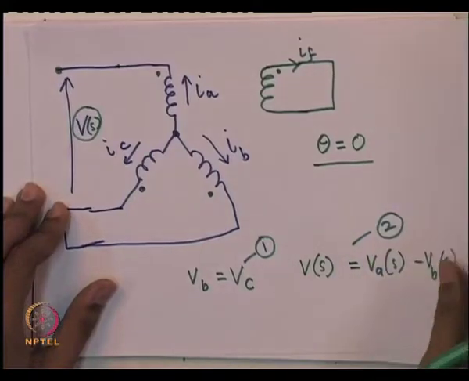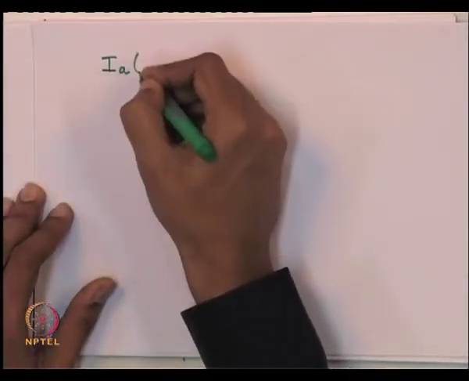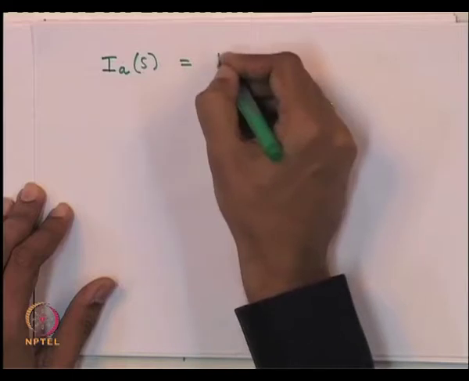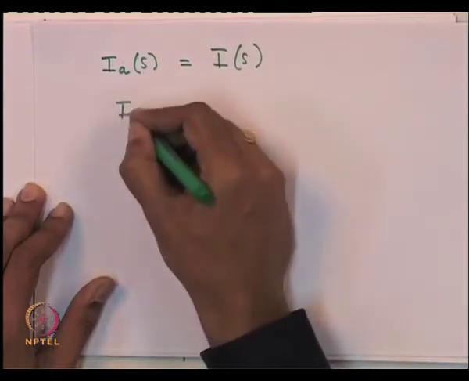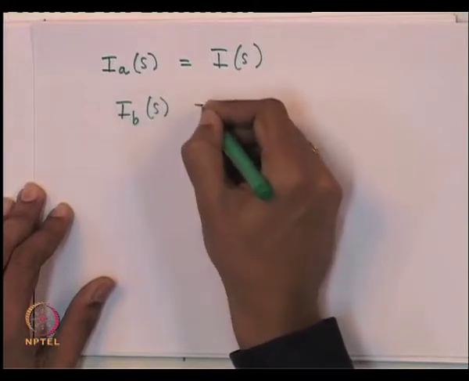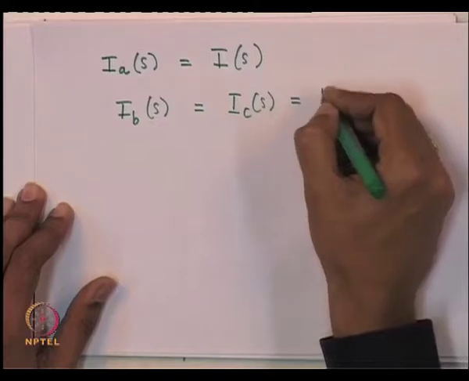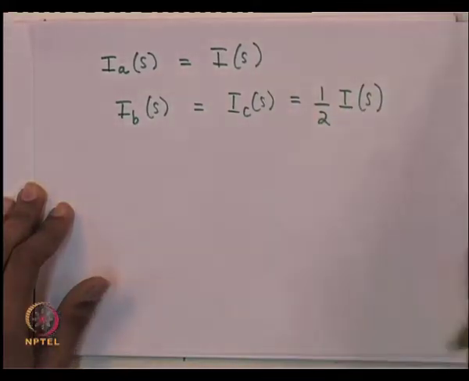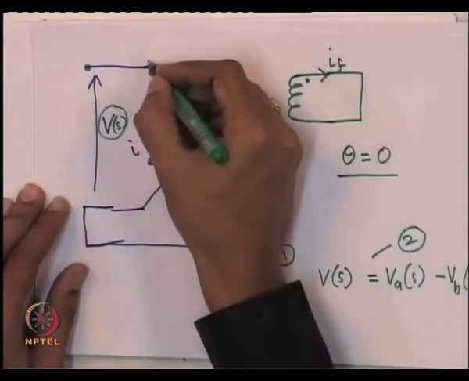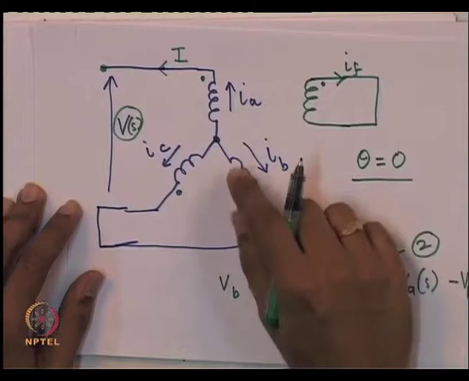And there is a third condition: I A I will call as I, and I B will be equal to I C, which will be equal to half of I of S. So, if you look at this figure here, this is I.